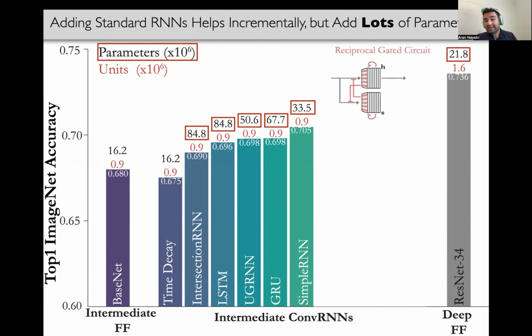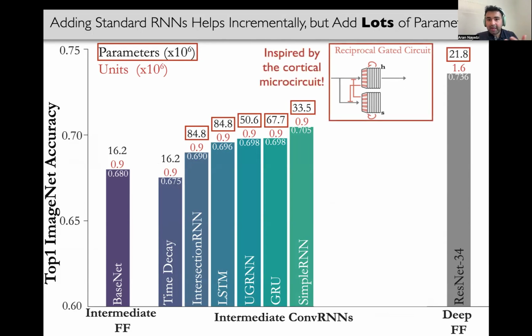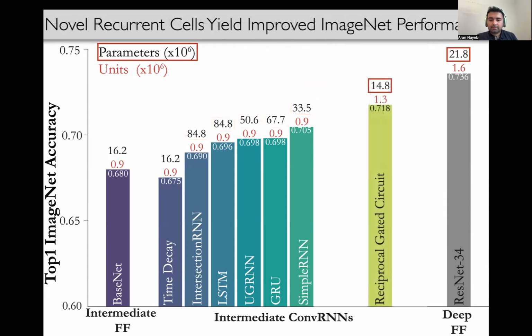So this led us to invent our own convolutional recurrent circuit known as the reciprocal gated cell, or the RGC. This itself was inspired by the cortical microcircuit in that it incorporated both the bypass as well as the feedback later in time, the reciprocal gating that we see in the cortical microcircuit. And this motif enabled us to not only get much better ImageNet performance, but at the cost of way fewer parameters.